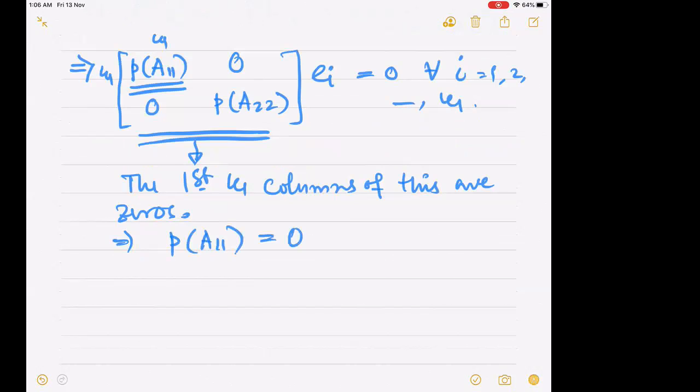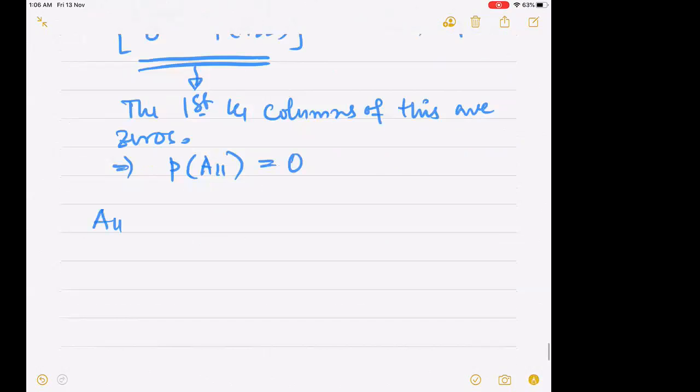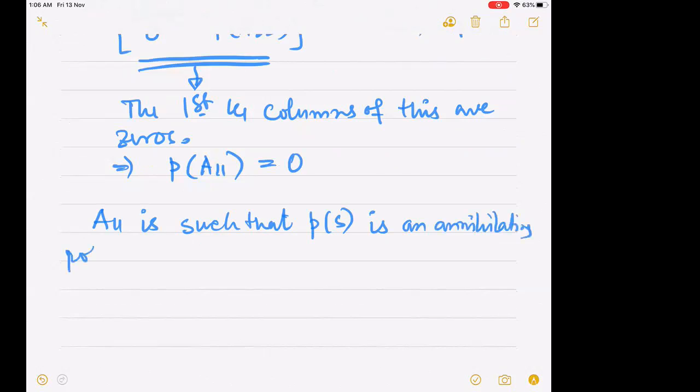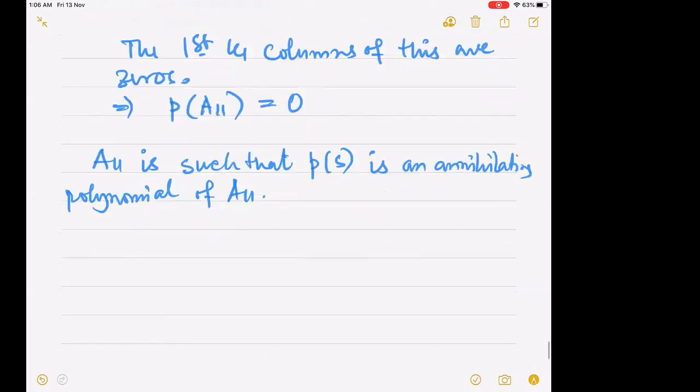So you see, as far as this matrix A11 is concerned, A11 is such that P is an annihilating polynomial. Yeah, but mu1 is the minimal polynomial, so mu1 is the generator of the annihilating ideal, which means every annihilating polynomial must be a multiple of mu1.